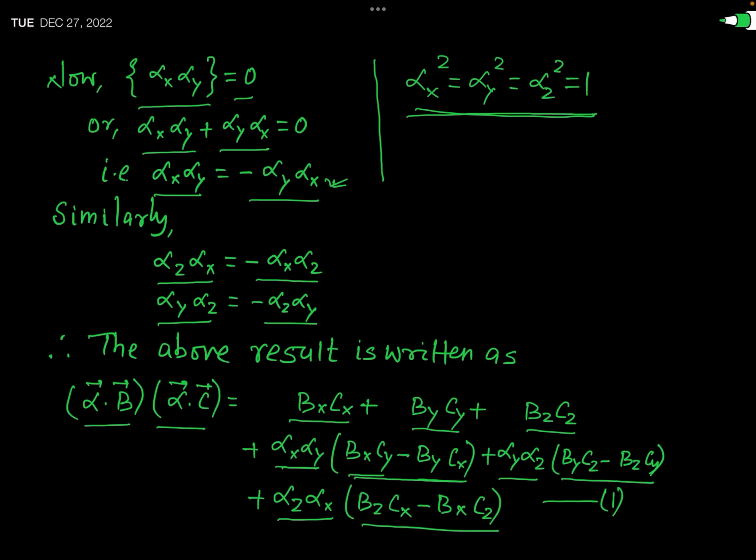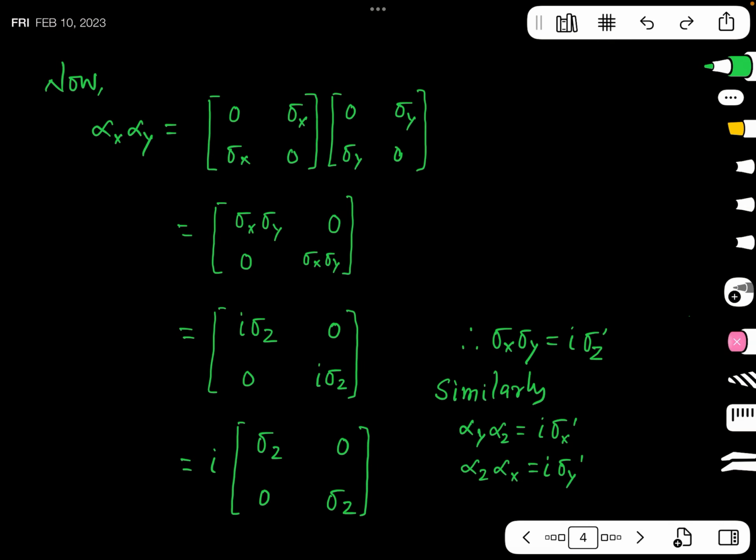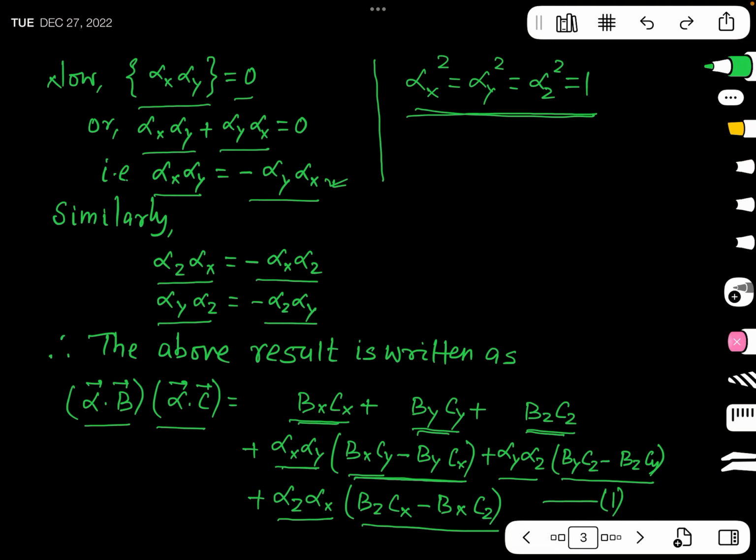Okay. Now this bx cx plus by cy plus bz cz will be simply equal to b dot c, from the definition of a scalar product. You can see, and we will also evaluate what these bracketed terms actually represent. For this, let us find the scalar and the vector product of B and C. But before that, let us see here.